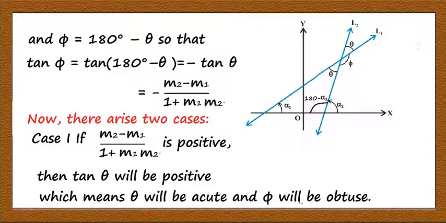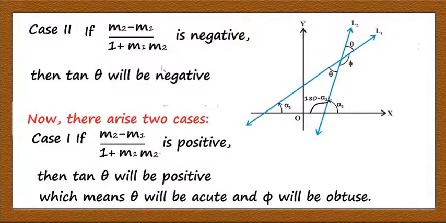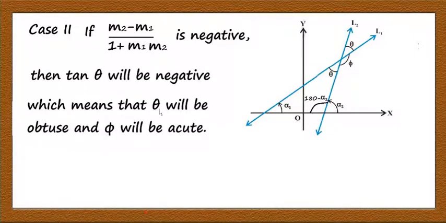And if m2 minus m1 divided by 1 plus m1 m2 is negative, that is tan theta is negative, that means theta is obtuse, and then phi will be acute. Thus you can find the acute angle and obtuse angle between two lines.